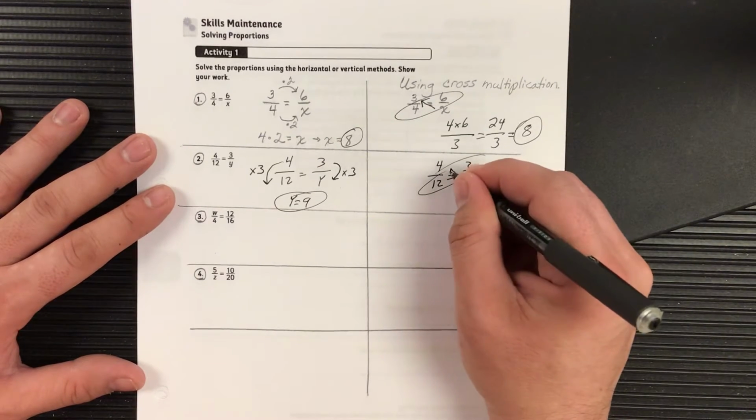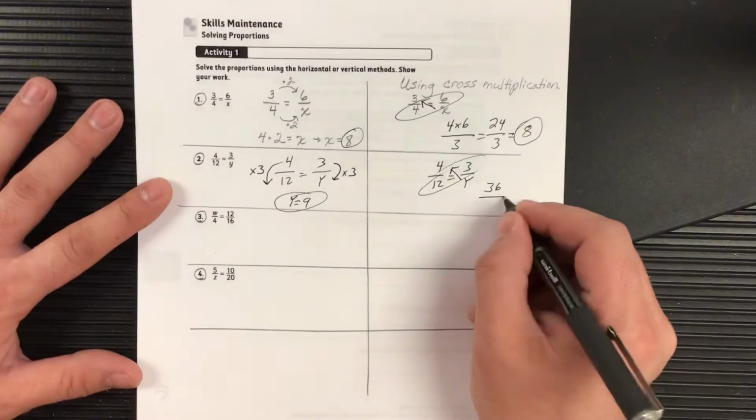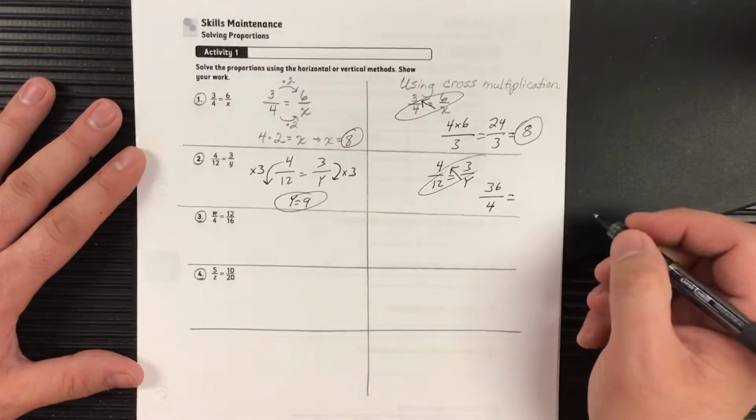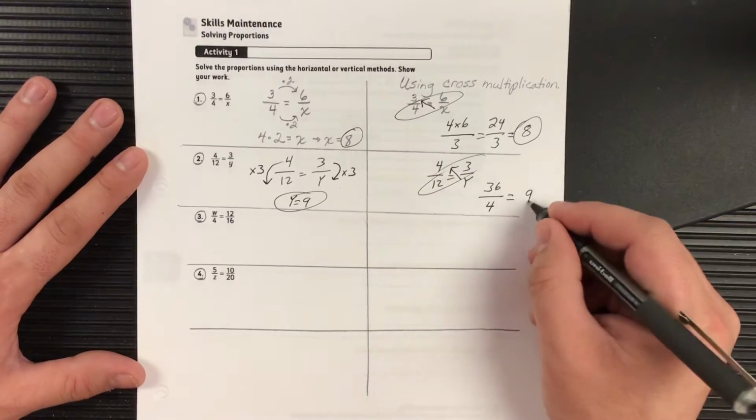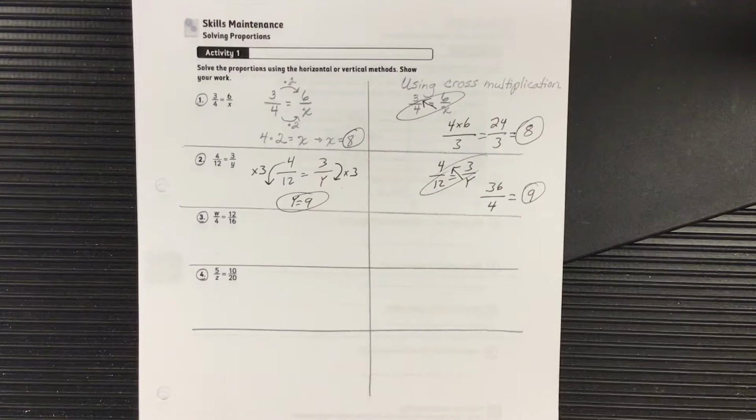And I'm going to divide by whatever is across from the y, or whatever variable. So 36 divided by 4. 9. Notice you get the same answer no matter what method you choose.